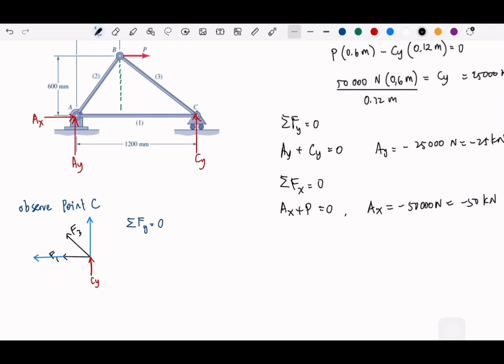So this will be AB over BC, right? So F3 times AB over BC plus CY equals 0. So F3 is negative CY times BC over AB, right?